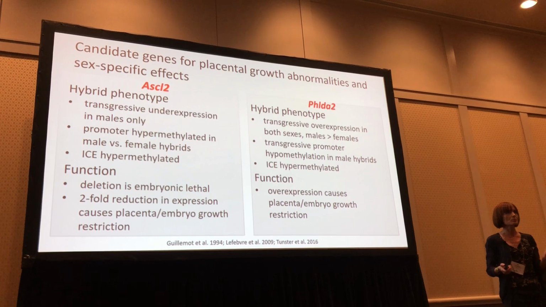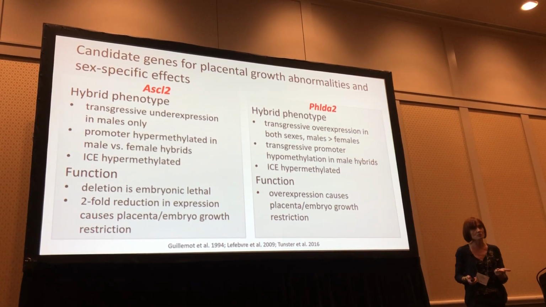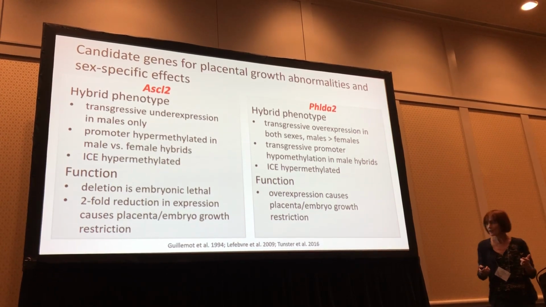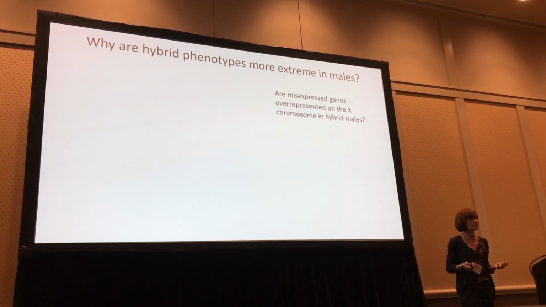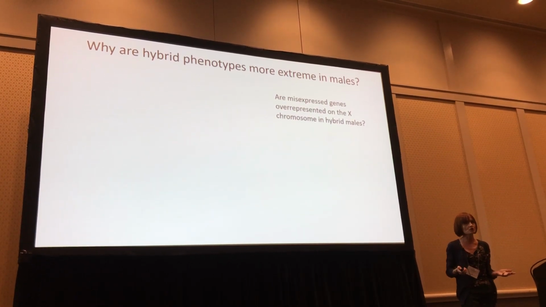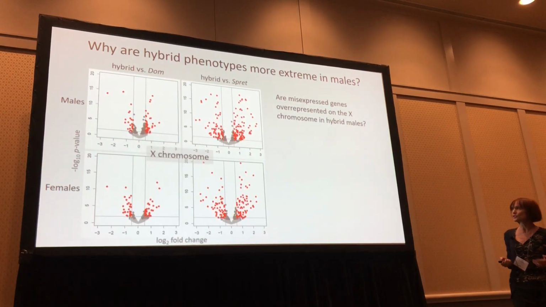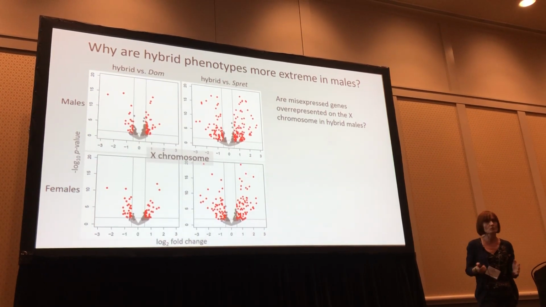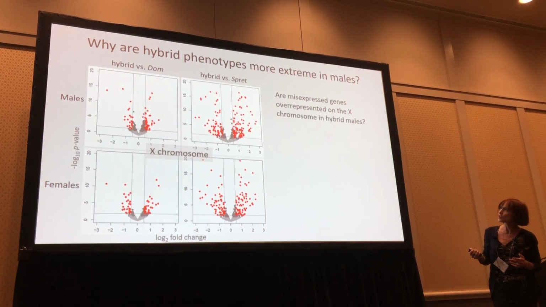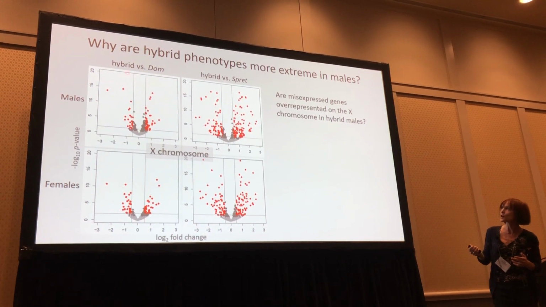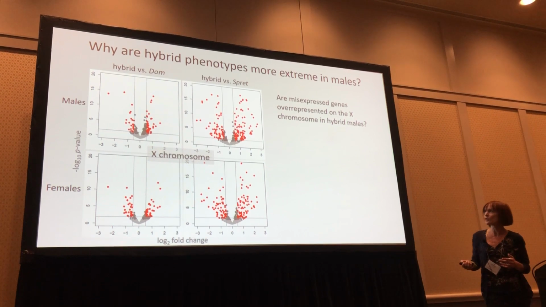So now we've seen that the placental phenotype is more severe in males, and also the gene expression phenotype is more severe. To start to deal with this, we maybe kind of naively asked if there was generally overexpression or underexpression on the X in males. And again, just to keep things honest, I'm showing you first the differential expression. So this isn't necessarily misexpression, in the pairwise comparisons, hybrid versus domesticus, hybrid versus spretus, now split by males and females.